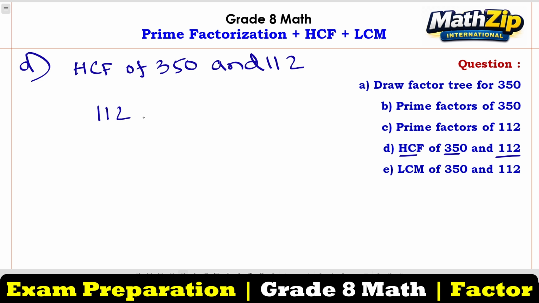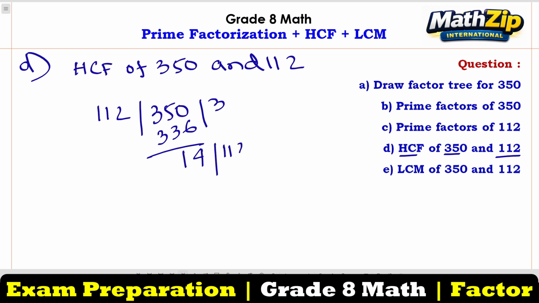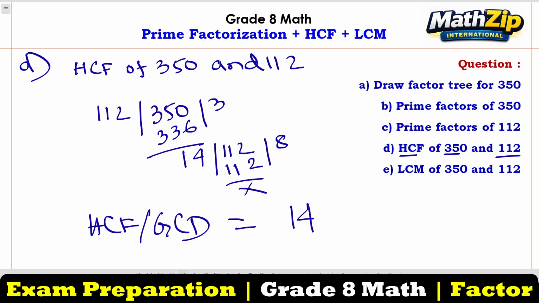Here 350 is the dividend and 112 is the divisor. Working through the division steps, the HCF or GCD equals 14, right?